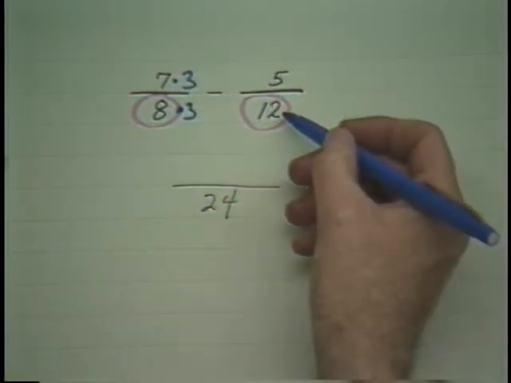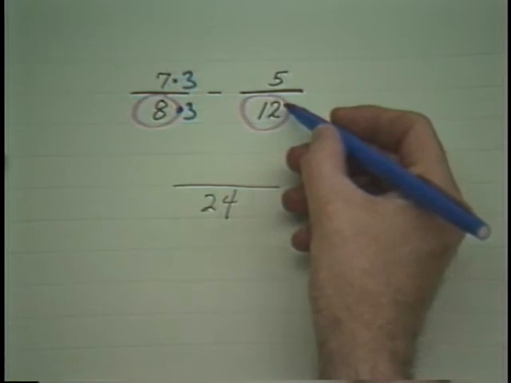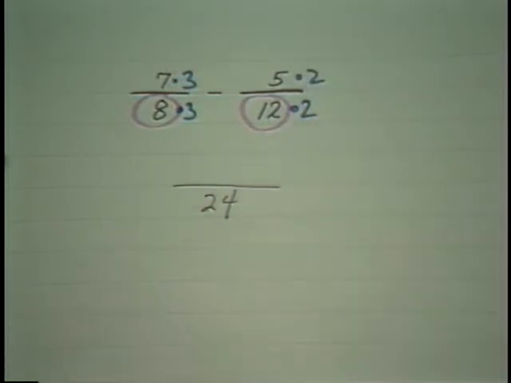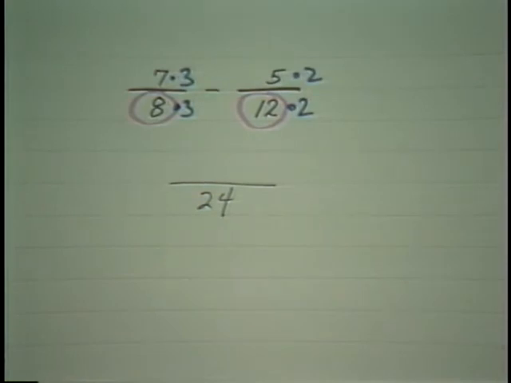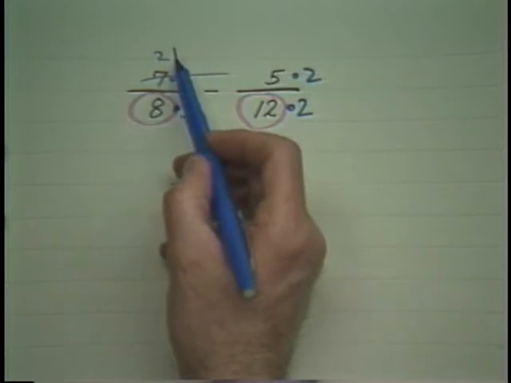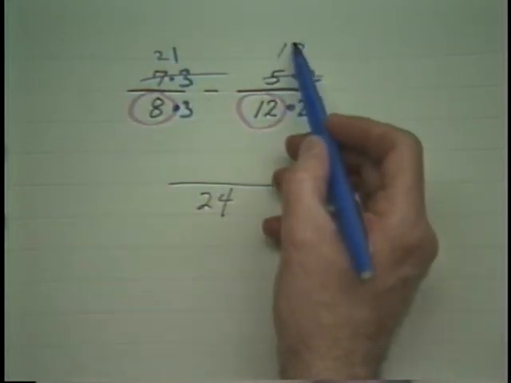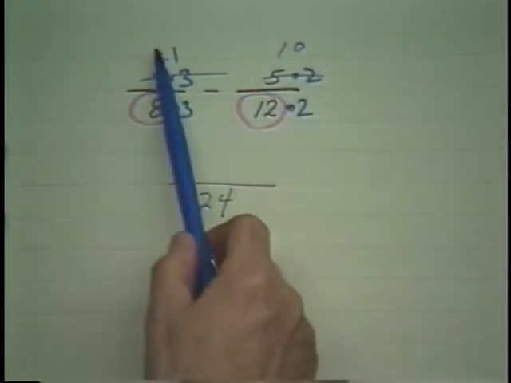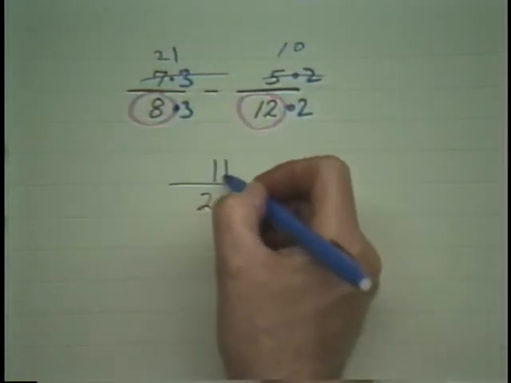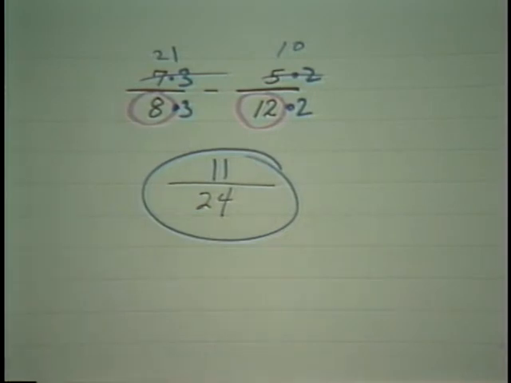Then multiplying the bottom of this one by 2 to get 24, I must multiply the top also by 2. So that this top has in effect become 21 and this top 10. So now I have 21 subtract 10, which is 11 over 24.